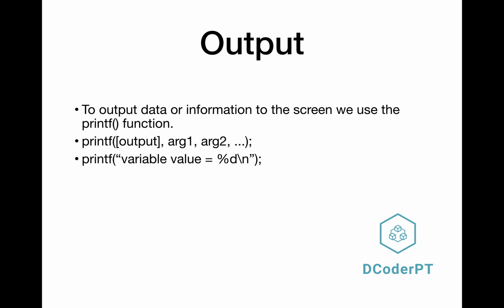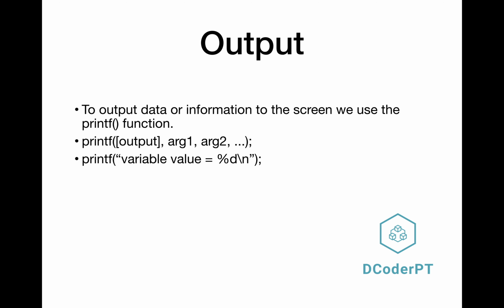The syntax, as you see on the second bullet point, is printf, which is the name of the function. Then we open parentheses, and inside the parentheses, like we will do for all functions, even though we haven't covered functions yet, the first argument is the output, the message that we want to output to the screen.